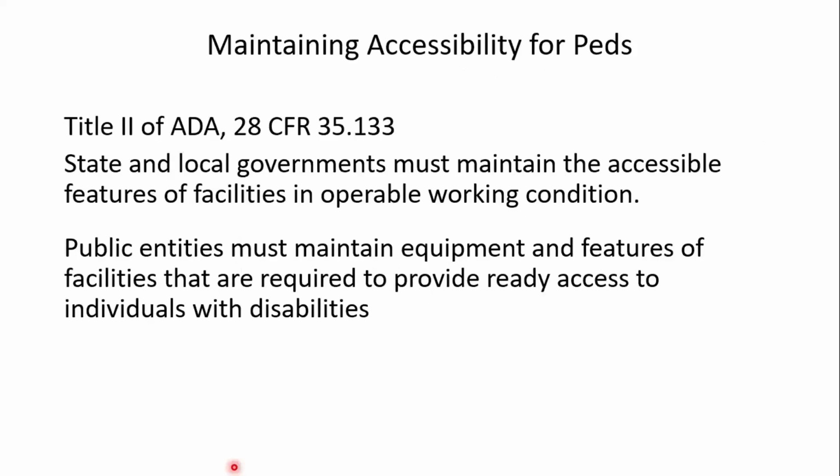And in fact, I may have mentioned this last week, but ADA requires that facilities be maintained. You can see Title II of ADA, there's the Code of Federal Regulations citation, states that state and local governments must maintain the accessible features of facilities in operable working condition. And public entities must maintain equipment and features of facilities that are required to provide ready access to individuals with disabilities.